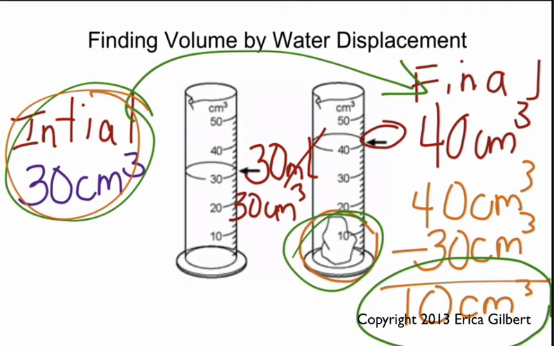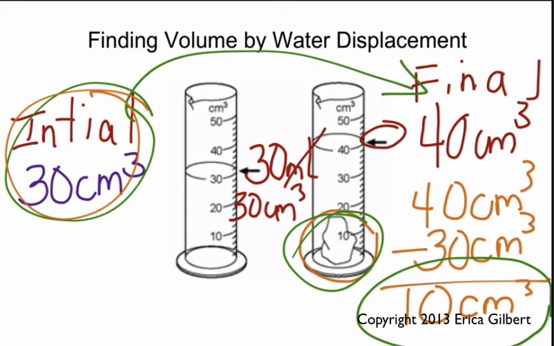So just remember that when you're finding volume by water displacement, the first thing you want to do is fill up your graduated cylinder to a certain amount, and you want to record the volume of the amount of liquid that you put in there. And then the next thing you want to do is take your object and put it into the graduated cylinder. Do not drop it in there, because you may actually lose some of the water, liquid might splash out and you'll lose some of your volume.